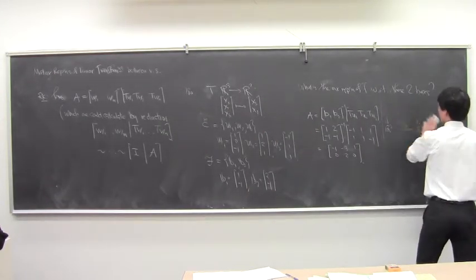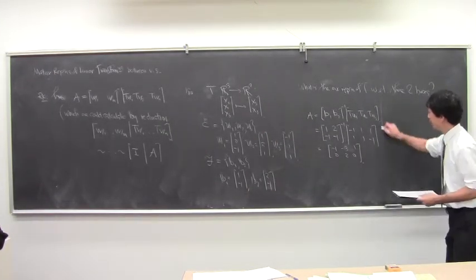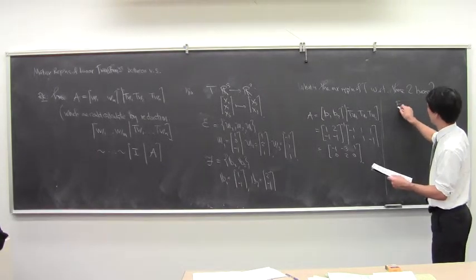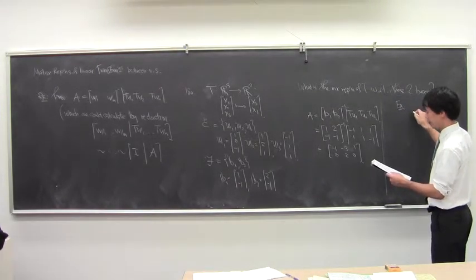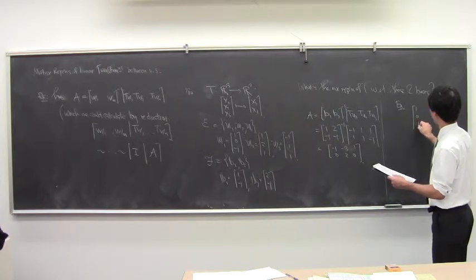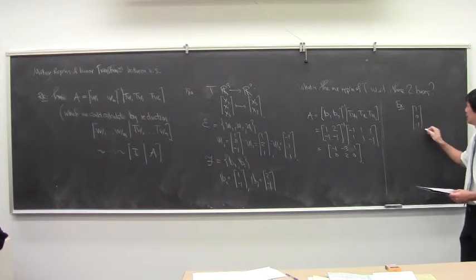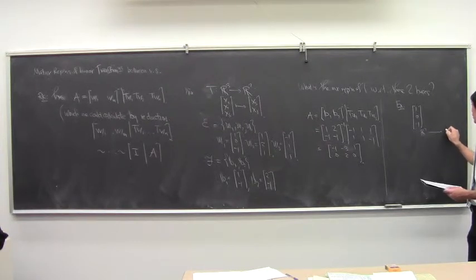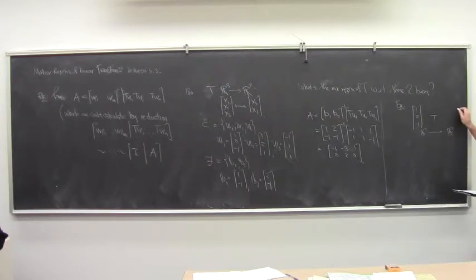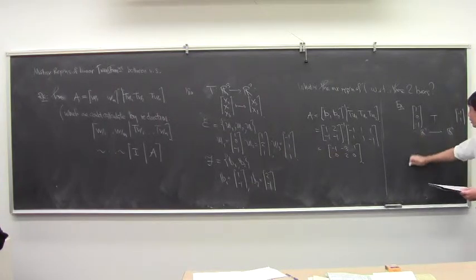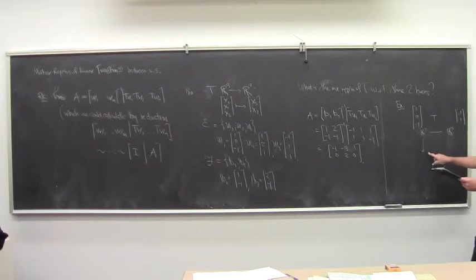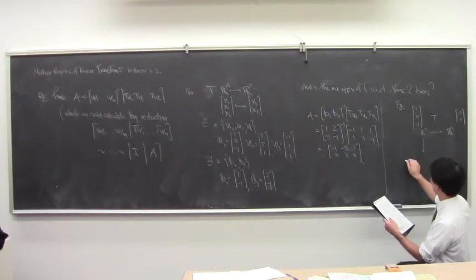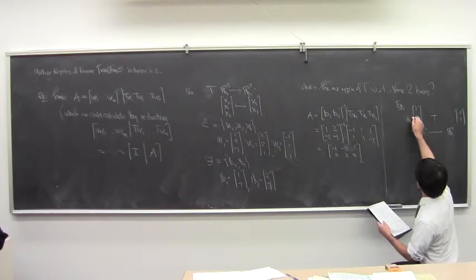And let me just check that that actually does do what it ought to do. So for example, if we look at 1, 0, -1, right? And we run that thing through the T matrix, what does that go to? That goes to -1, 1. So this is U1.